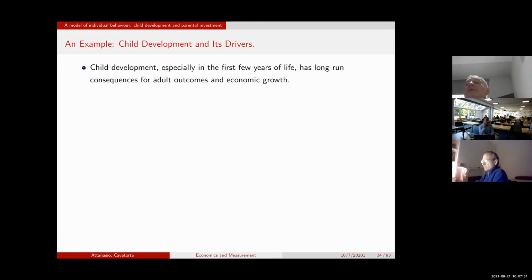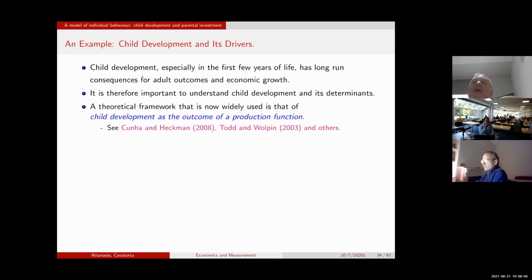So child development, especially in the first few years of life, has important long-term consequences for adult outcomes. And so it's important to understand child development and its determinants.